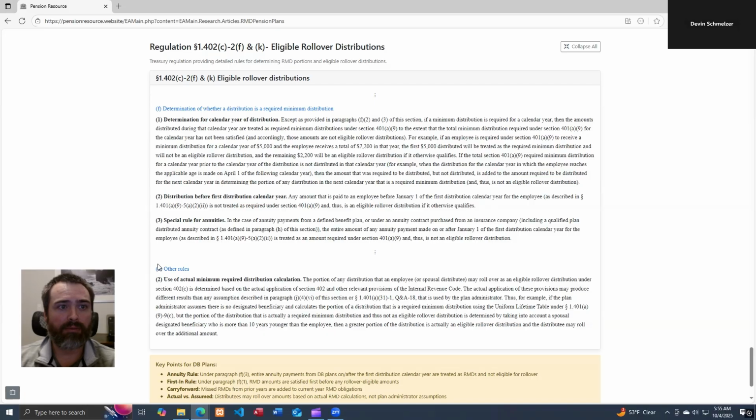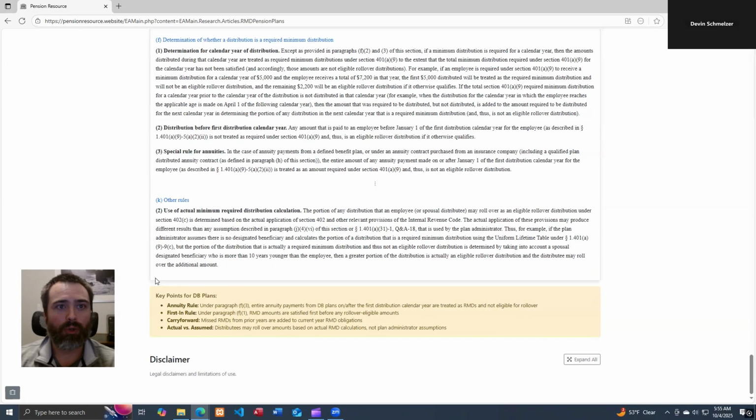Down towards the bottom of this regulation, we have paragraph K for other rules. In K2, the actual required distribution amount calculation is used for what is eligible for rollover, not what the plan administrator assumed to calculate to get the required distribution done.